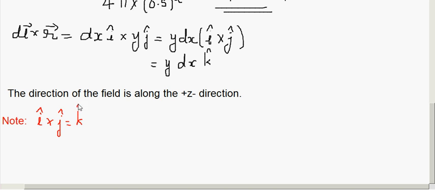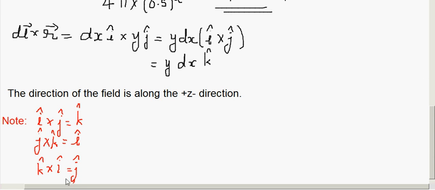This is called the cyclic property of the cross product. i cross j is k, j cross k is i, and k cross i is j.